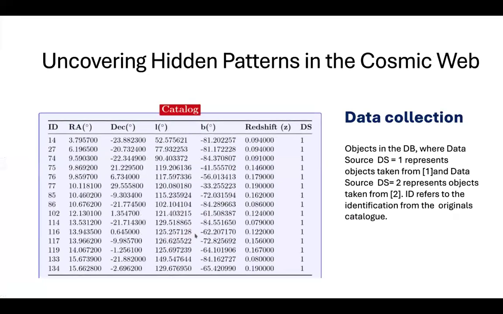We found a sample of more than 500 objects that are reported in the literature as BCGs. We put them on this polar plot, and now, using this computational technique, we are going to check if we find some hidden patterns.